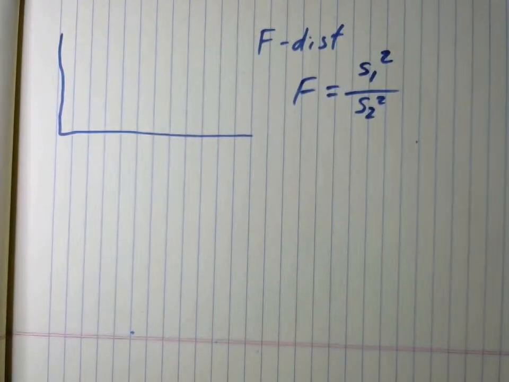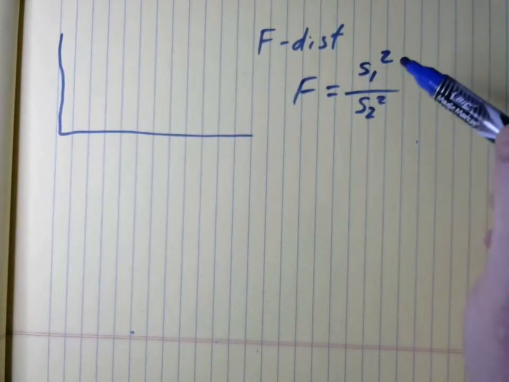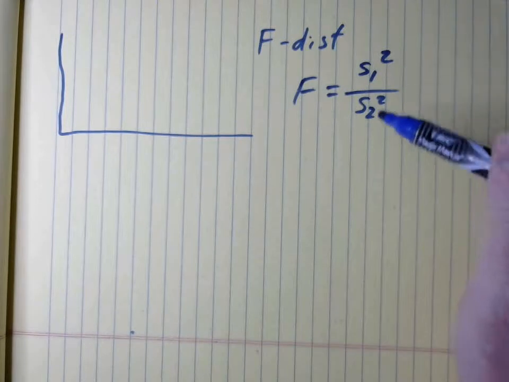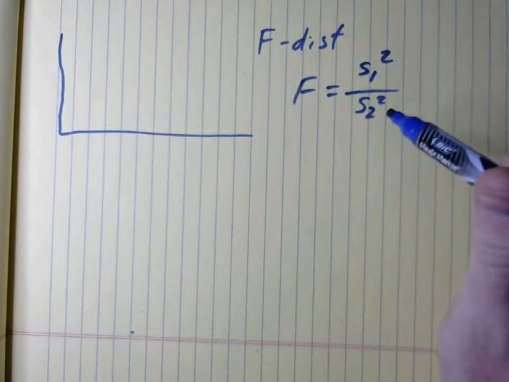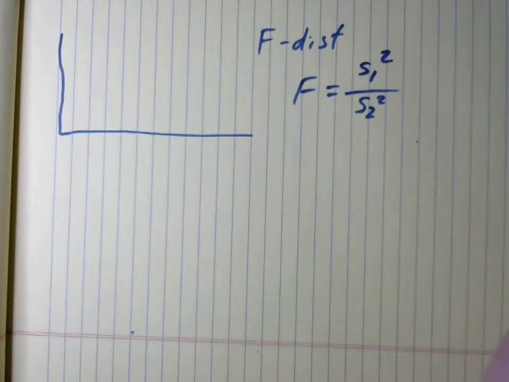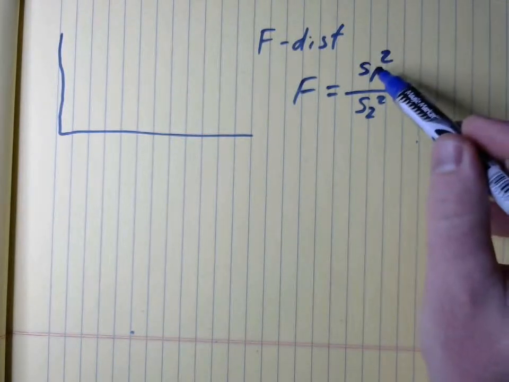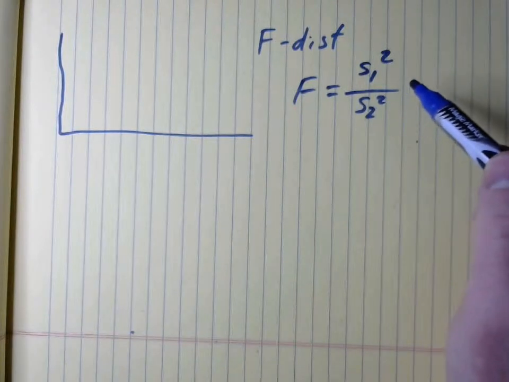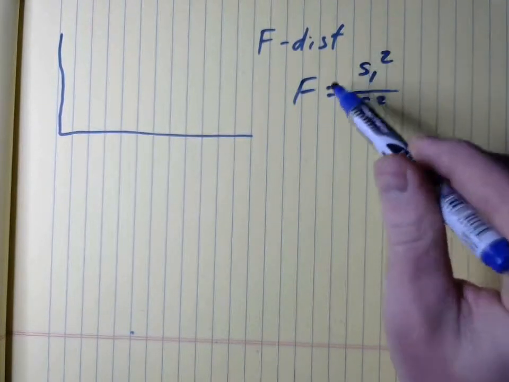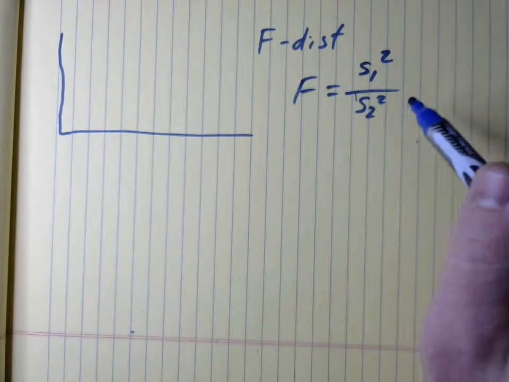Let's check out the shape of this distribution. If we think about this, what would be the smallest value you can get from this? Similar to the chi-square distribution, since we're squaring two values, and standard deviation is positive anyway, this has to be non-negative.